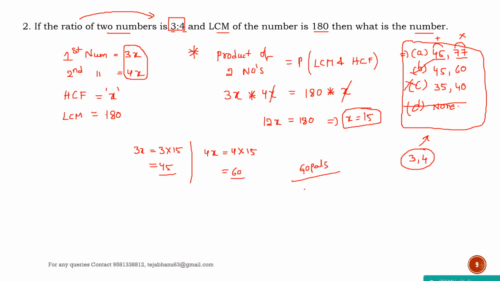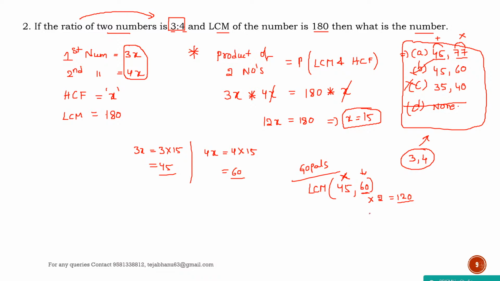Check with the LCM of 45 and 60. We know that the larger number is 60, and it is not divisible by 45, so 60 is not the LCM. Now check with the multiples of 60. Twice 60 is 120, which is again not divisible by 45.